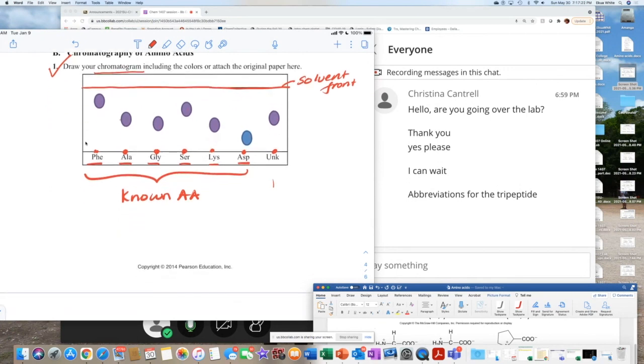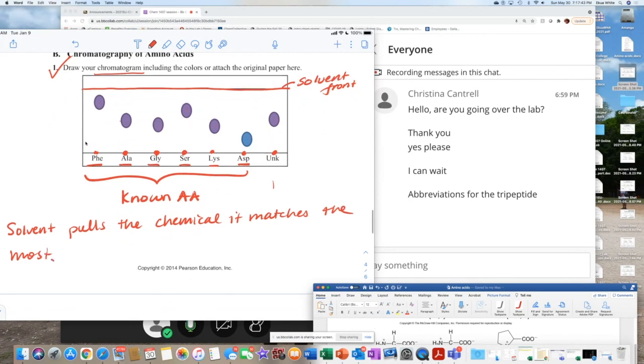We don't know what the solvent is because we didn't actually do the experiment, but what we're doing here is the solvent pulls the chemical it matches the most. Okay, so the bottom line here is the solvent matches whatever this chemical is, phenylalanine, the most, and so it pulls it up the most.